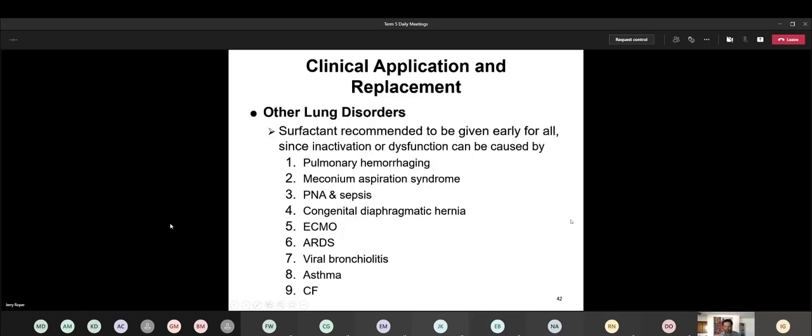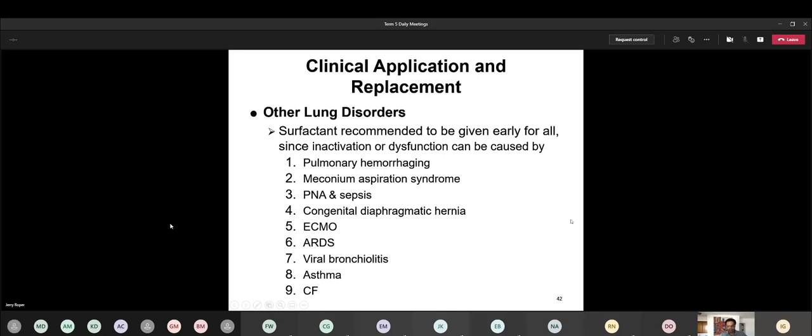So now we can use surfactant for more than just RDS. I mean, there's a lot of other reasons why you should consider some type of replacement therapy. And these are just some of the ones that can be problematic for the baby. You would have to think about doing something like Curosurf or Infasurf or surfactant, whatever the case may be.